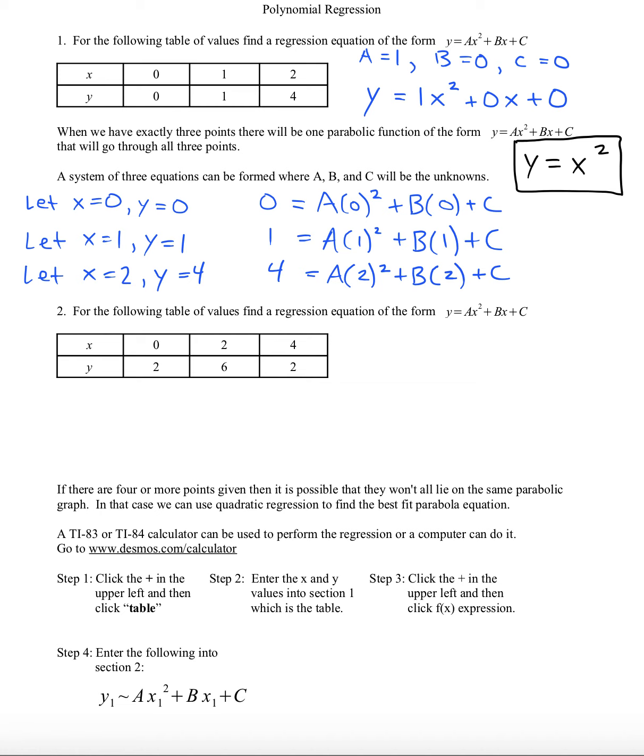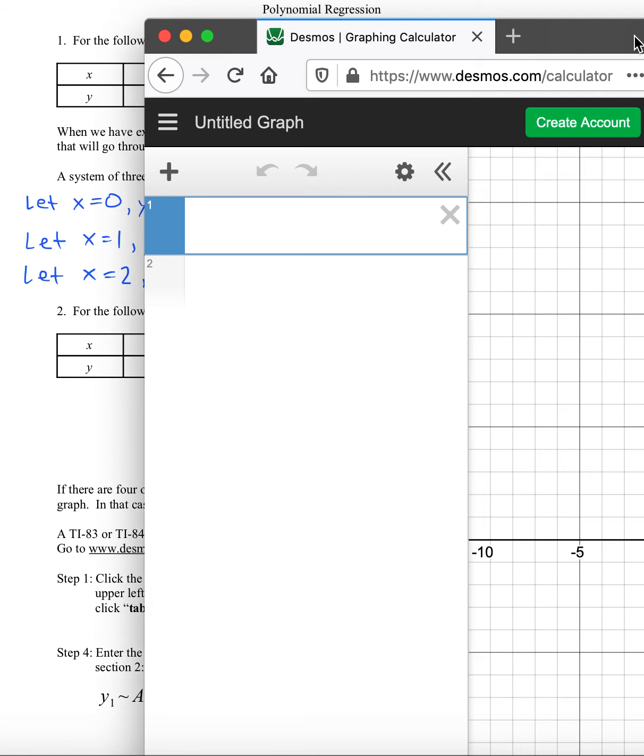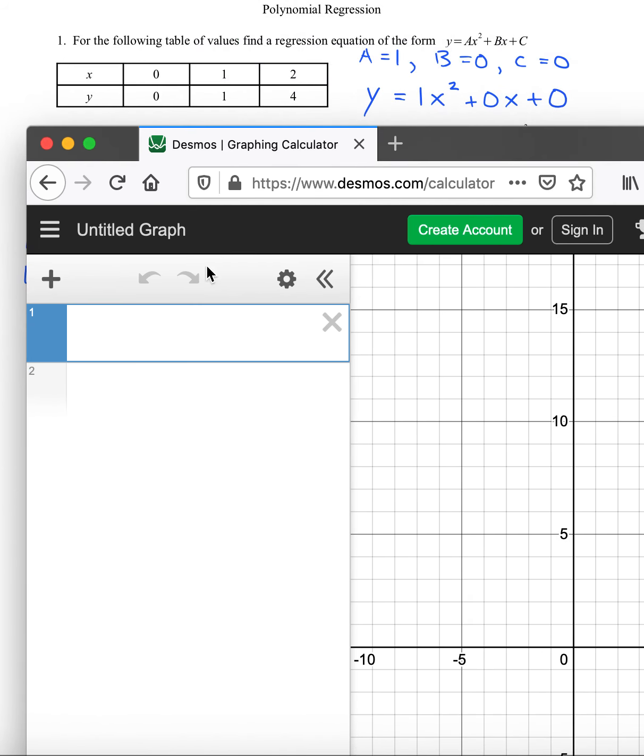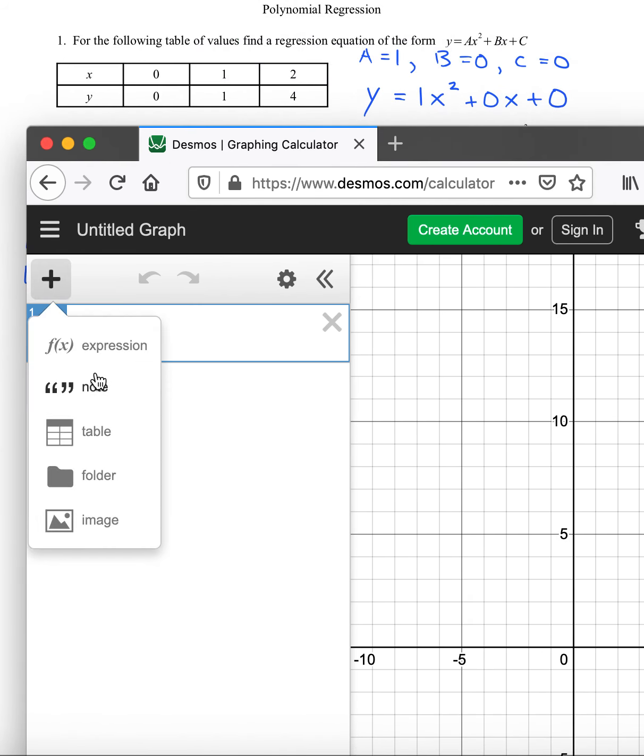Luckily, with the use of technology, we don't have to do it by hand. I'm going to bring up the website desmos.com. And I'm going to put a table in of those points.